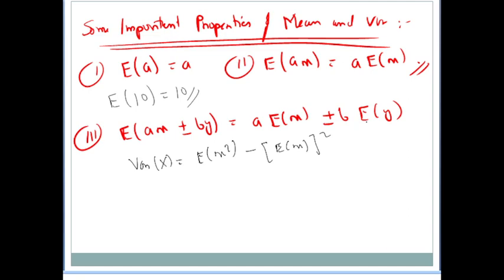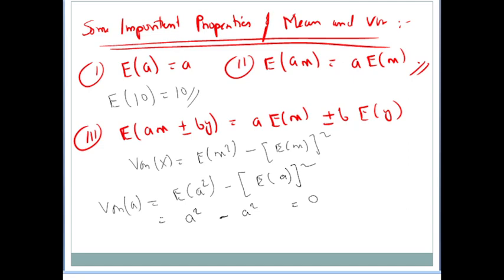So whenever we try to find the variance of a constant, it will be the expected value of the square of that constant minus the square of the mean of that constant. The constant will come out, this will be constant only, and here this will be constant, hence it will be equal to 0.